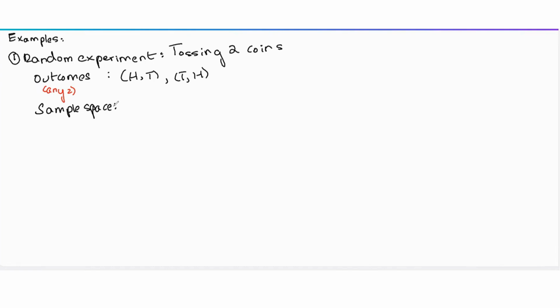Now you can always use the basic counting principle in this case in order to figure out how many total outcomes we will have. Remember, sample space is a set of all outcomes of the random experiment.